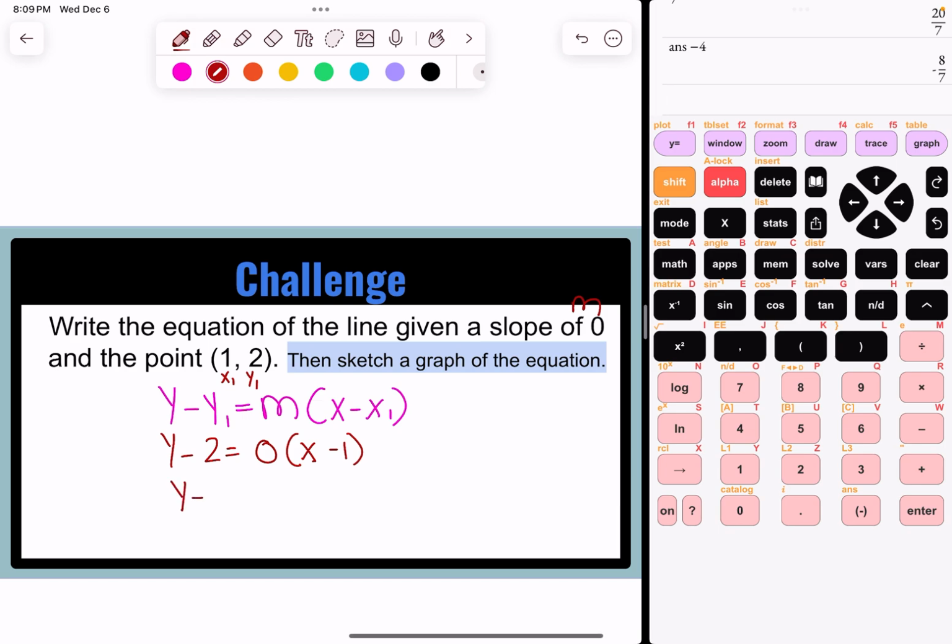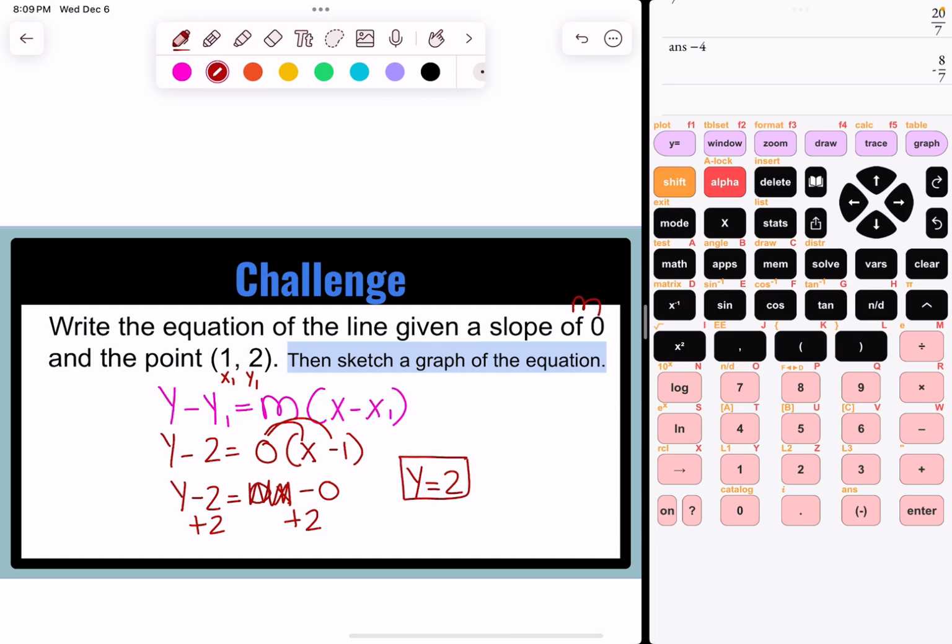So we will have y minus 2 equals. Well, 0 times anything is really just 0, but I could just do it out if you want to see. 0 times x is 0x, and 0 times negative 1 is negative 0. So we don't need that 0x there. And then when I add 2 to the other side, I will end up getting y equals 2.